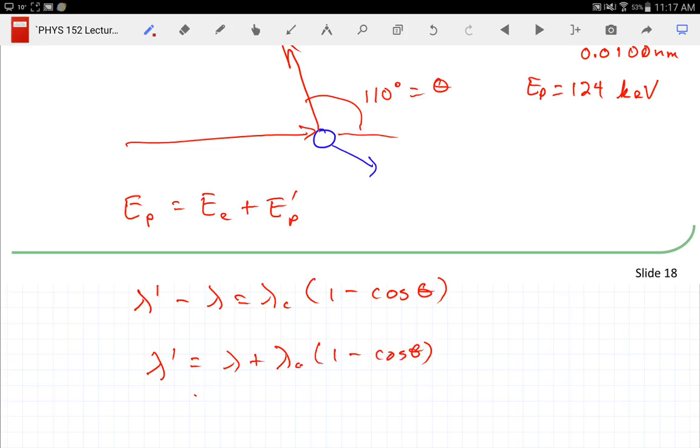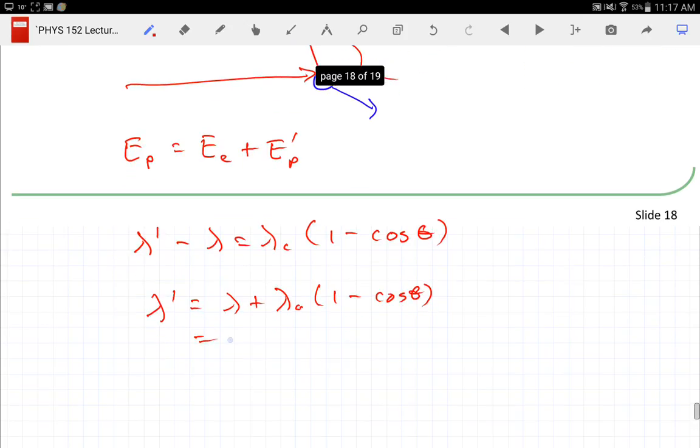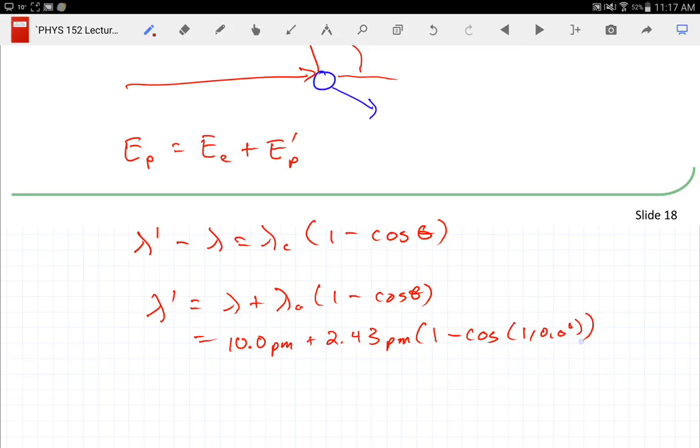Put in our numbers. That's going to be 10.0 picometers plus 2.43 picometers times 1 minus cosine of 110 degrees. And what does that give us?